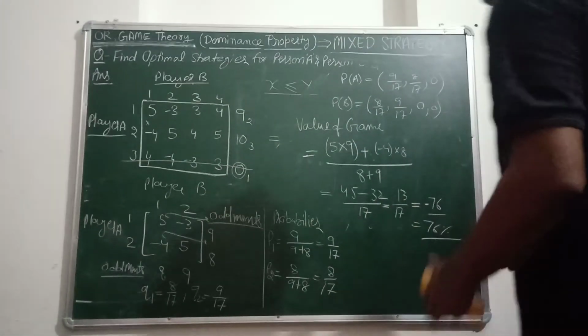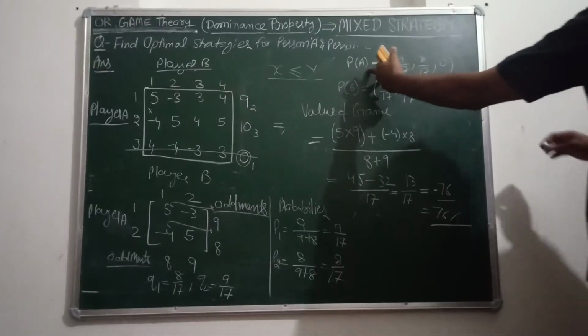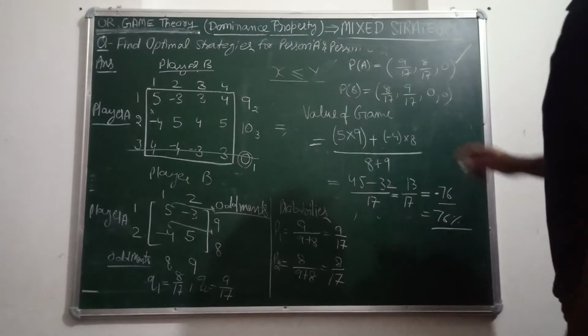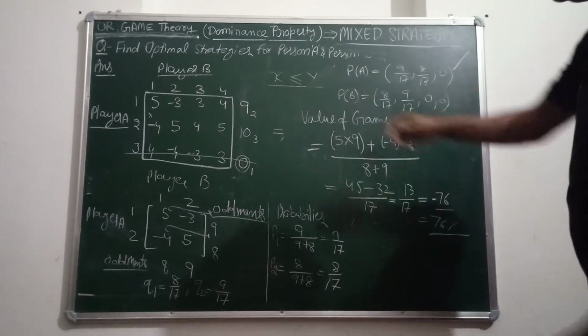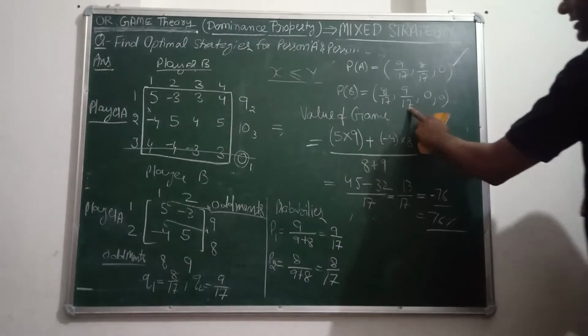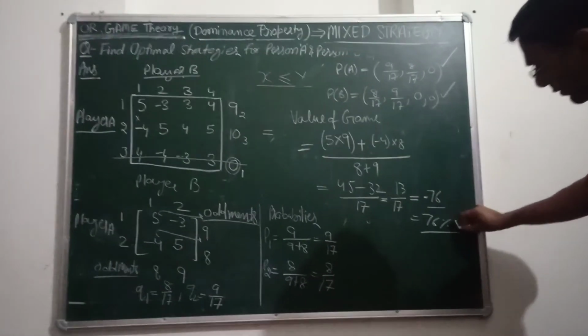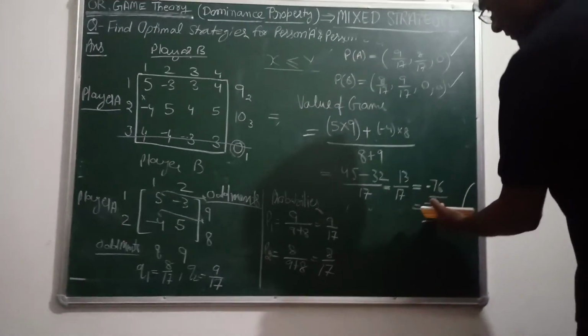So these are the answers, meaning these are the probabilities of different strategies that will be played by A, and for the probability of different strategies that B will use, first this, second this, he will not use the third and fourth, and the fourth one is the value of the game 0.76.